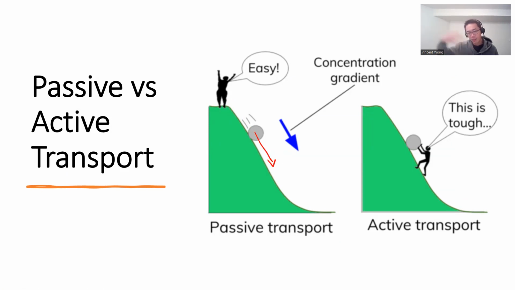You give it a nudge and it goes. No energy is required. Whereas active transport is difficult because you have to go from a low area to a high area. You're going against the gradient, so you have to exert effort, you have to exert energy.